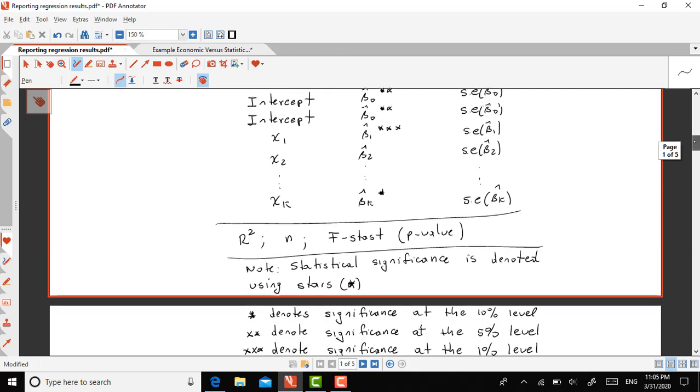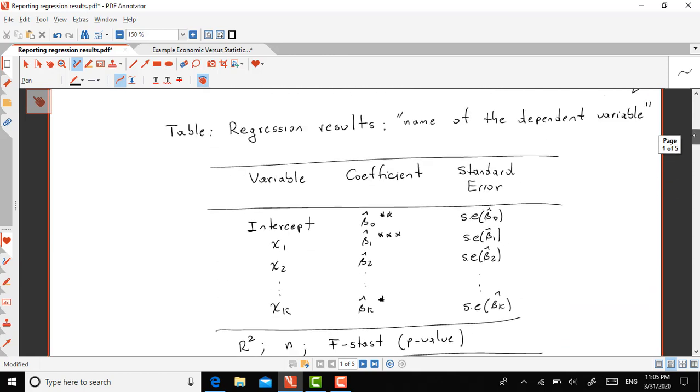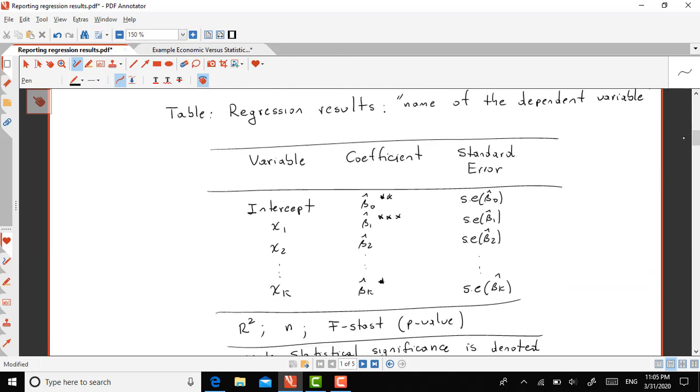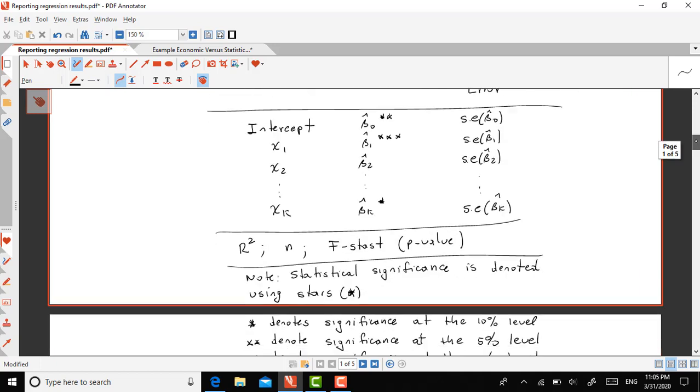Tables are supposed to be always what's called self-standing. If you see a table, you are supposed to be able to understand everything that's in that table without having to go to the text. Okay, so it's important for you to have that in mind. You need to have a title in the table, and you also need to have this footnote.